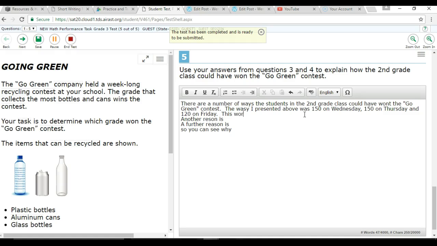This works because the total number of bottles and cans is 420, which is greater than the third grade's total of 410.